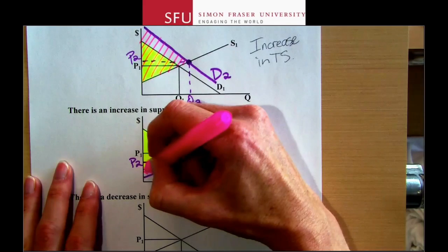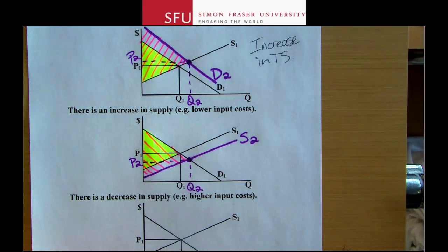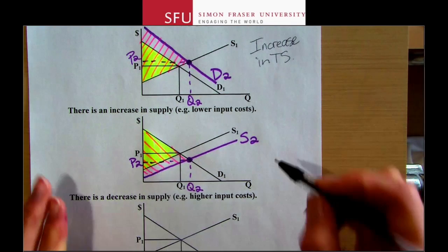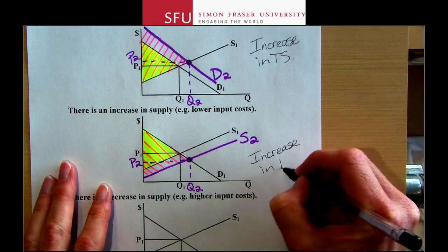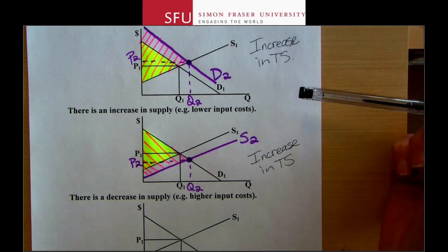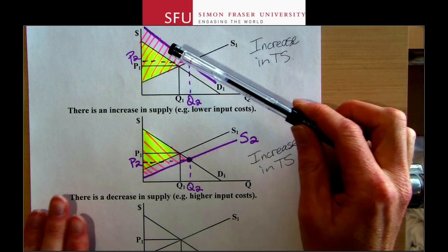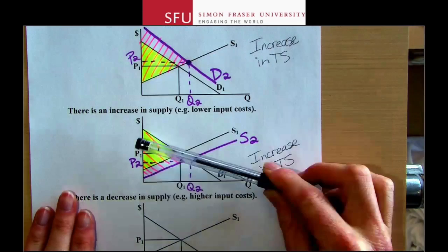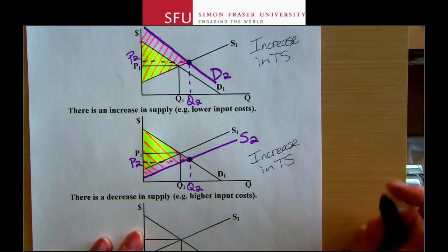So total surplus is now this larger triangle. So in both examples, the total surplus has increased. Here, surplus is the difference between the benefit and the cost. And so in this one, the benefit went up. In this one, the cost went down. So the surplus is increasing, but also the quantity is increasing as well.